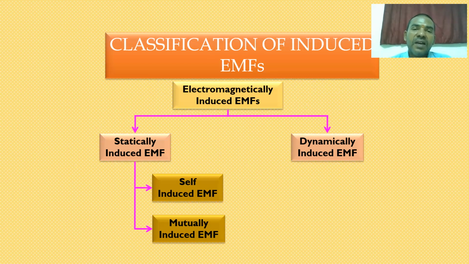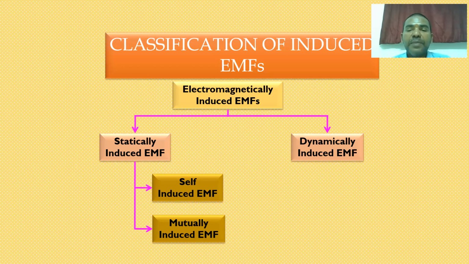Ultimately, an induced EMF is generated in the other coils with respect to Faraday's laws of electromagnetic induction. This type of induced EMF you can call mutually induced EMF, that is, the mutual between one or more coils.